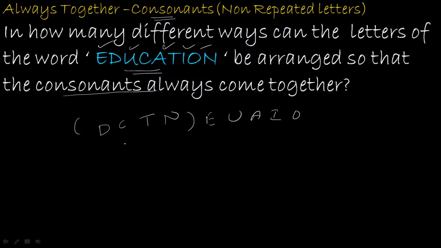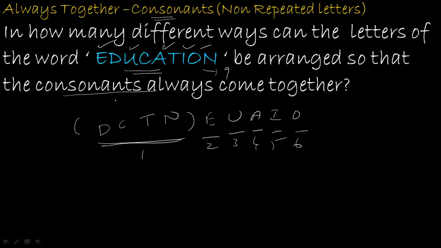So taking the consonants as one entry, you have to take the consonants as one letter. So now we have 1, 2, 3, 4, 5, 6. Now we have only 6 letters, but the word education consists of 1, 2, 3, 4, 5, 6, 7, 8, 9 letters.